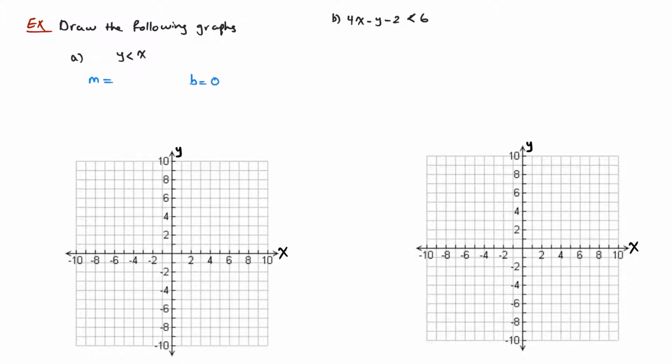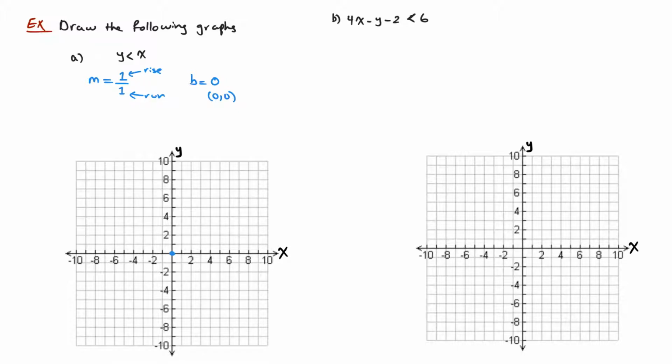So our b value is 0, and our m value is 1 because we have 1 times x, which is 1x. I will write this as a fraction of 1 over 1, indicating my rise and my run. And when the b value is 0, that means it goes through the point (0, 0) over here. This is great because I now have my (0, 0) point, and I know that my rise is 1 and my run is 1.